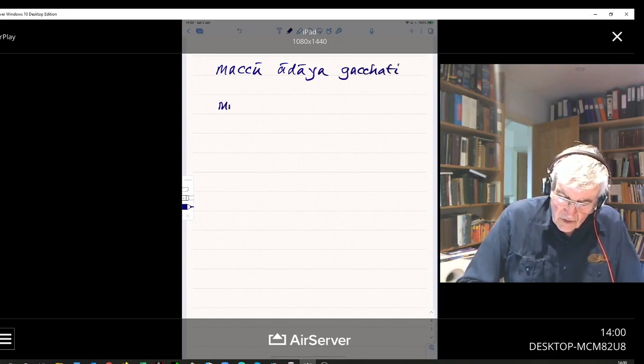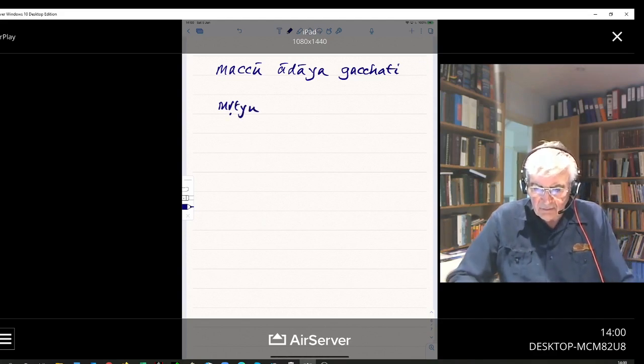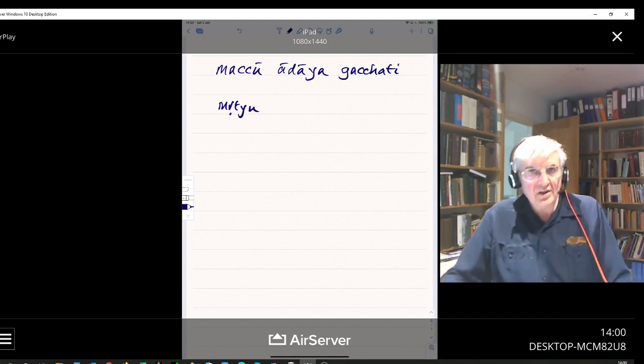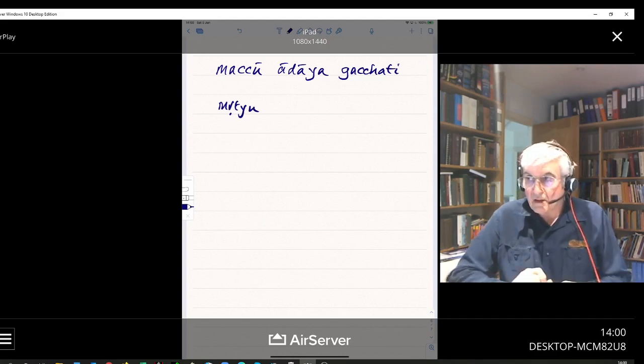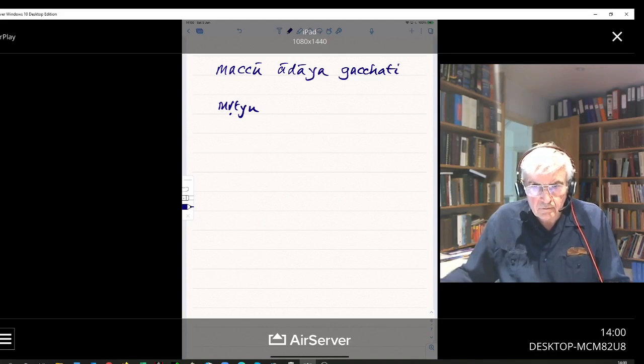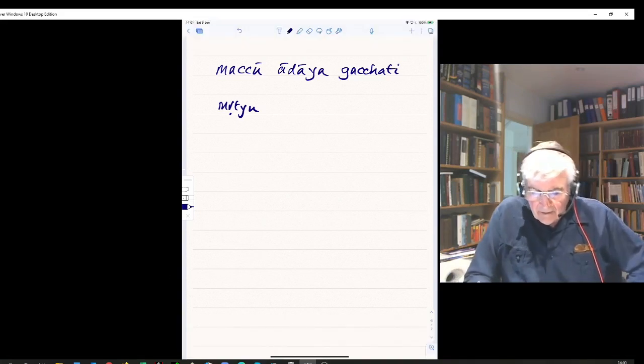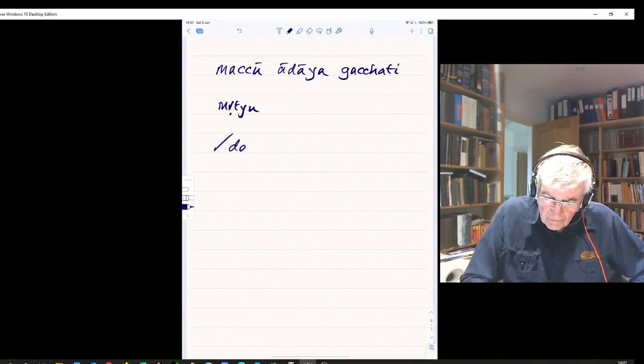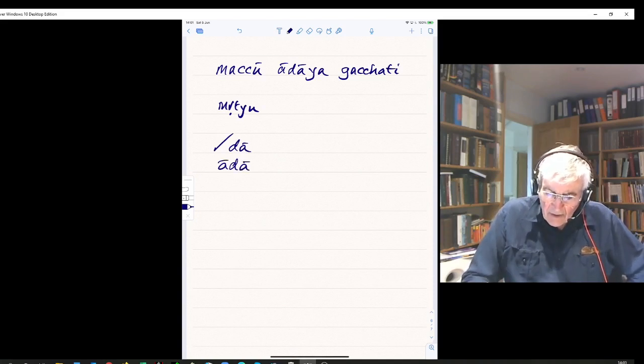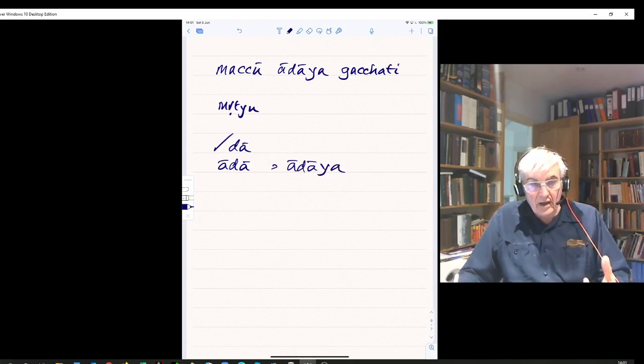Machu in Sanskrit, Mrityu. Death, Mrityu, or Machu Gachati, literally death goes. Adaya, the root da, to take, sorry, to give. Ada, to take. Adaya, same as Sanskrit and Pali, literally having taken.